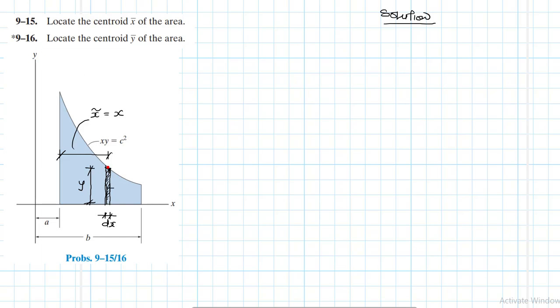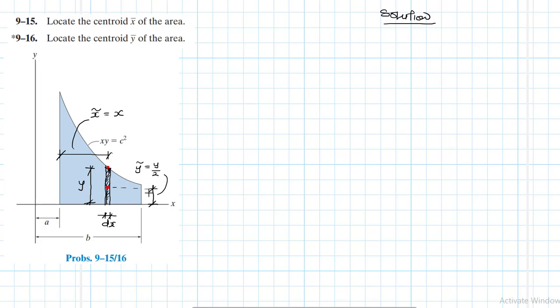And then the centroid position in the y direction is going to be equal to that point there, right? What is that point there? This centroid position y bar is equal to y divided by what? By 2. Great stuff. By 2, like so.